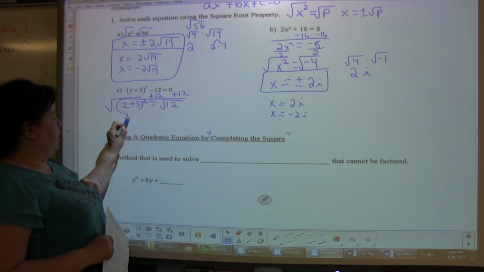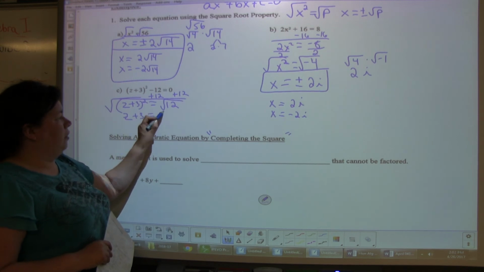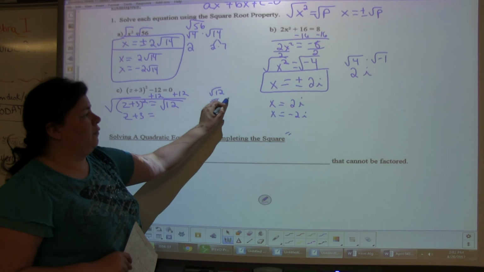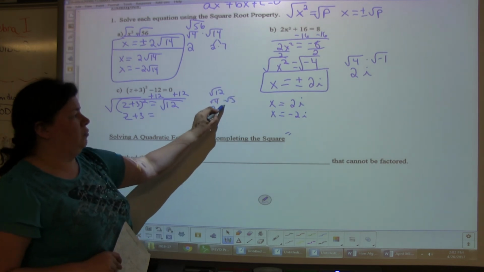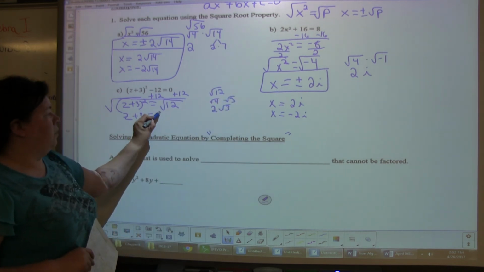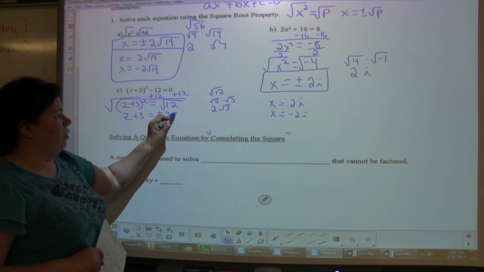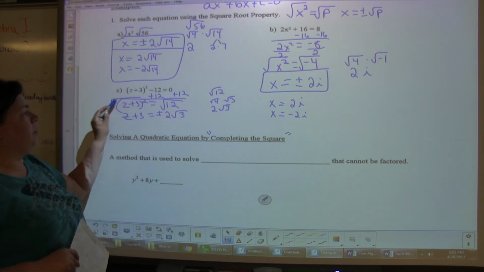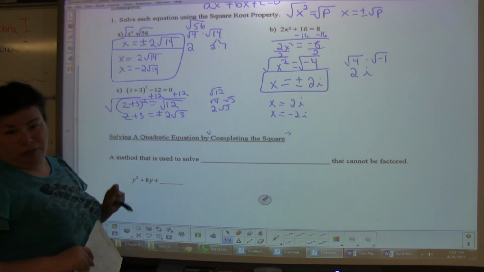So I'm going to have z plus 3 equals the square root of 12. Now the square root of 12 is the square root of 4 times root 3, which is 2 root 3. But I have to have plus and minus 2 root 3. Okay? And then, since the square and the square root cancel out, that's why I'm left with z plus 3.